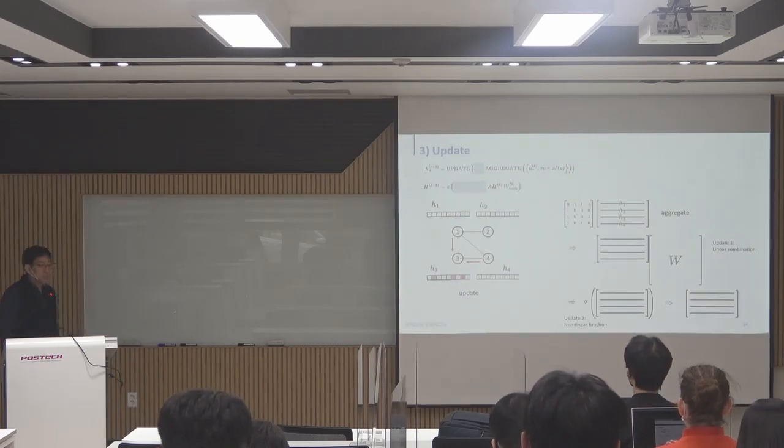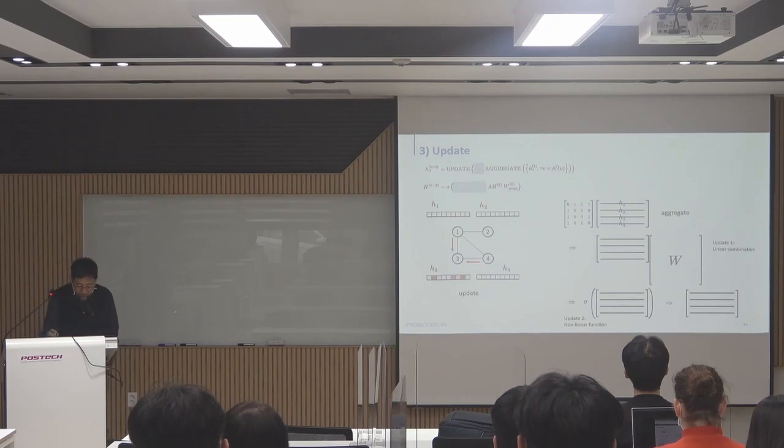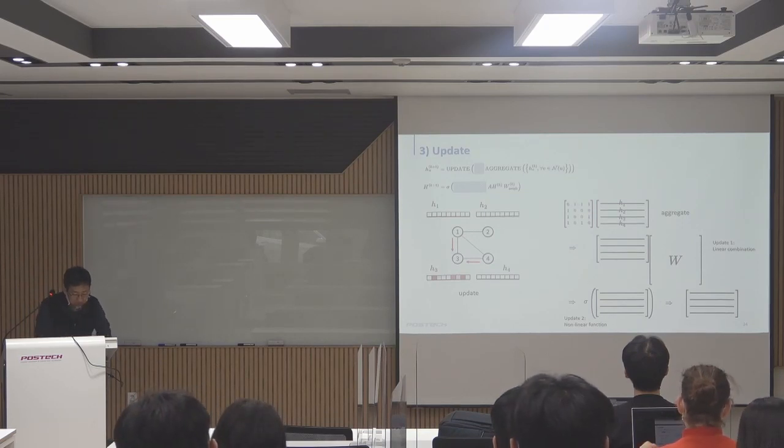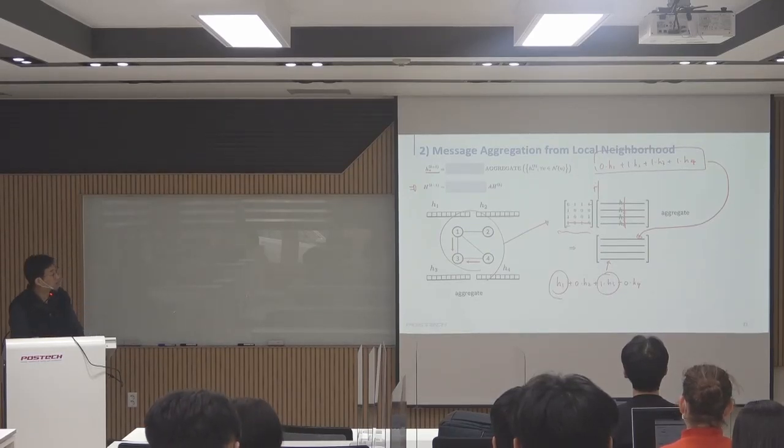Now, the next step is, once we're done with the aggregations, we have to update it based on the aggregated messages. So how? You have to see, I'm gonna erase it. So this is just the aggregation process.